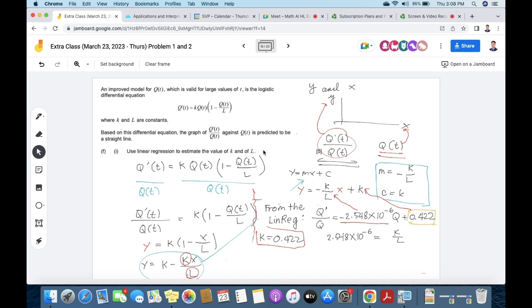And so L is equal to 0.422 over 2.548 times 10 to the power of negative 6. This will give us a value of L, which is, what value did you get? Try to check.